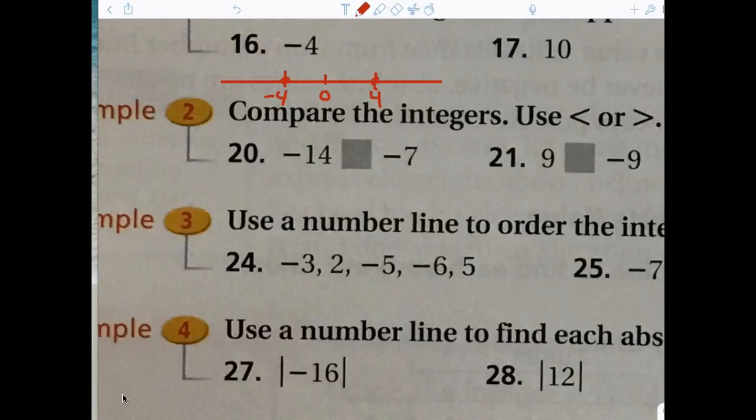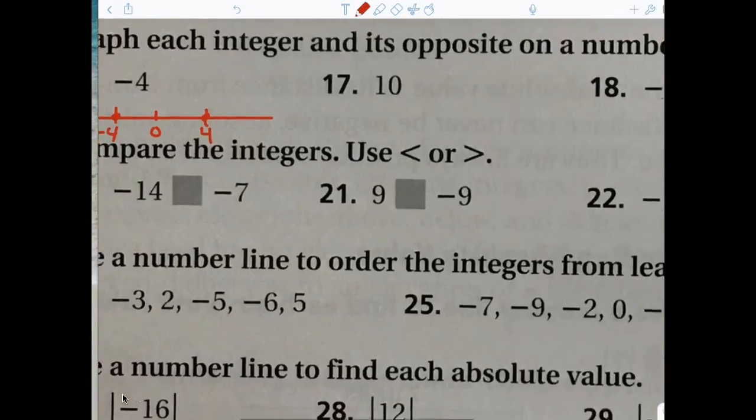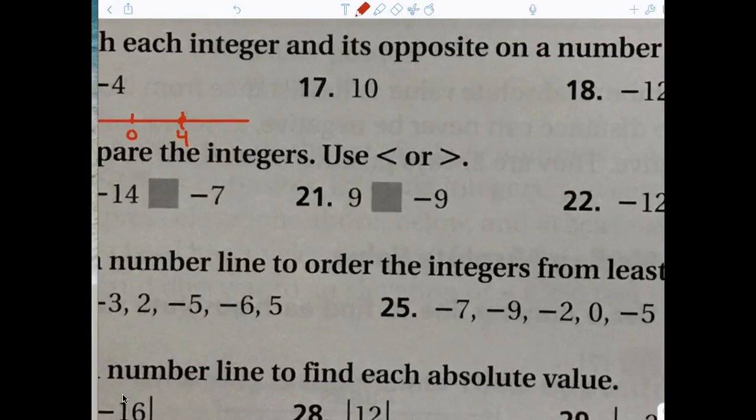Yeah. All right. Here we go. So if I ask you to graph 10 and its opposite, what do I need to do? You do negative 10, 0, and then 10. Exactly. And then you put 2 dots, one at negative 10 and one at 10. That's just much easier.